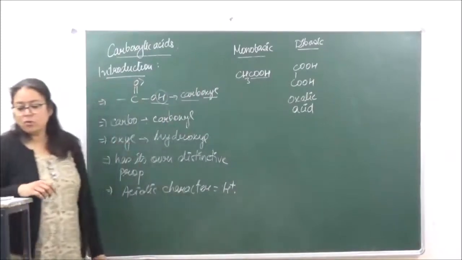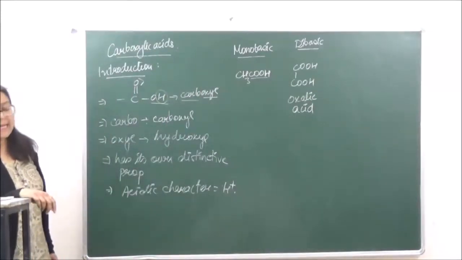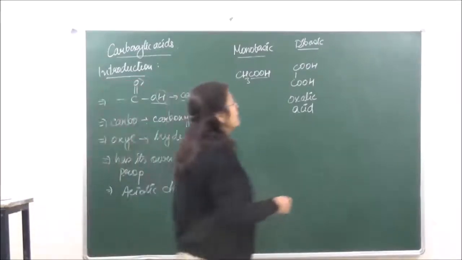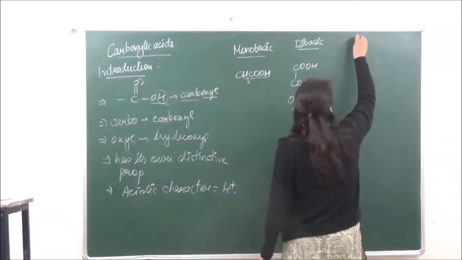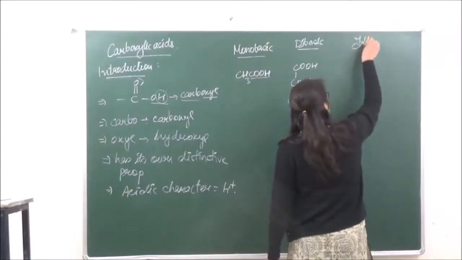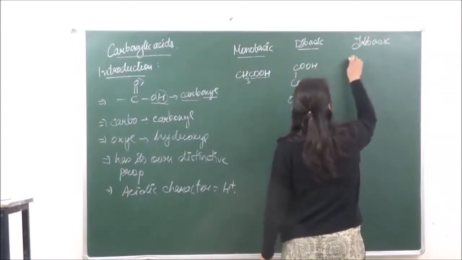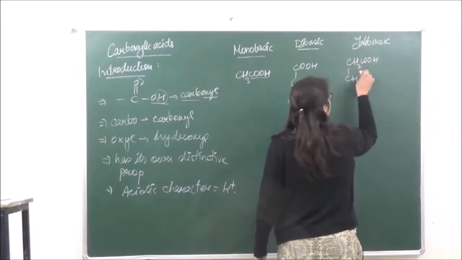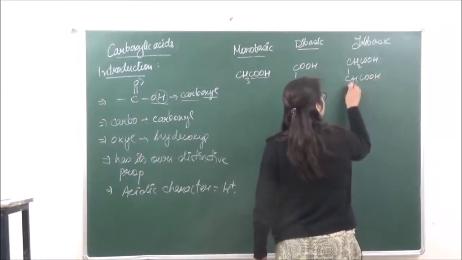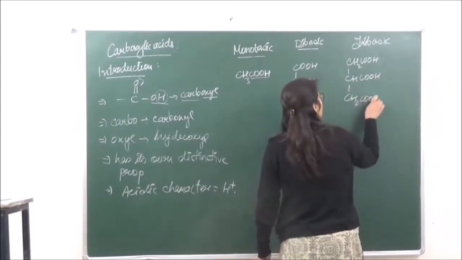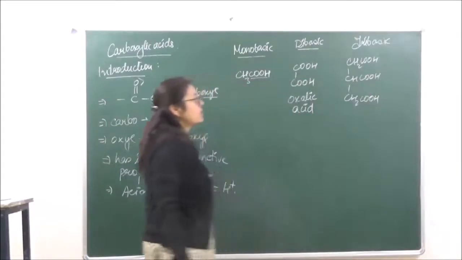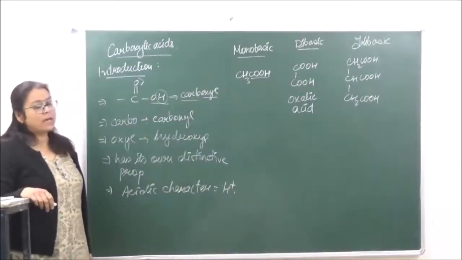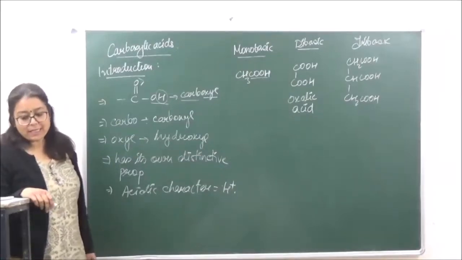Now oxalic acid is going to be a dicarboxylic acid. And then we have a tricarboxylic acid which is going to have three COOH groups, and these acids are said to be tribasic in nature. For example, we have CH2COOH, we have CHCOOH, and we have CH2COOH. So as you can see, there are three carboxylic groups present over here. Such acids are said to be tribasic or tricarboxylic acids.